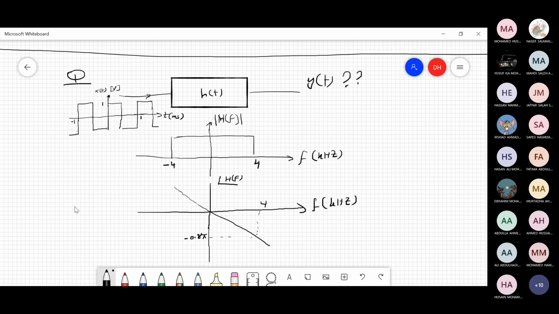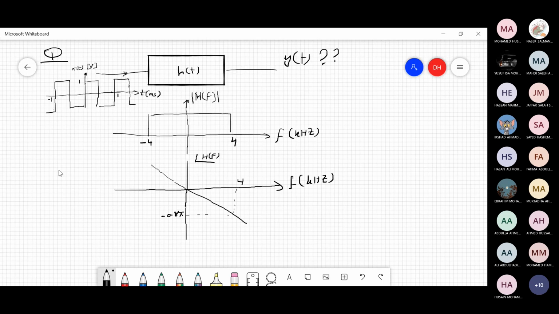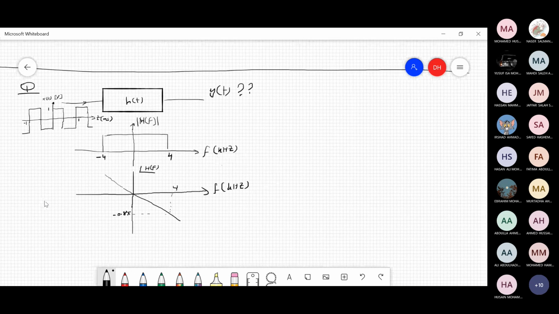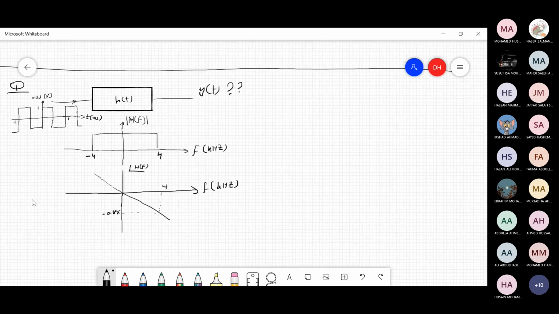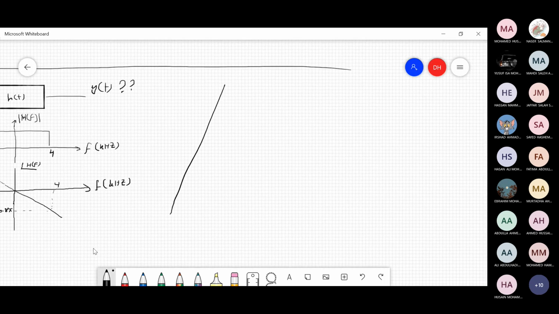Of course we solved one similar to it in Fourier series. Okay, what I know is this: if the input is sine omega naught t, then the output is the input multiplied by the magnitude of h of omega.